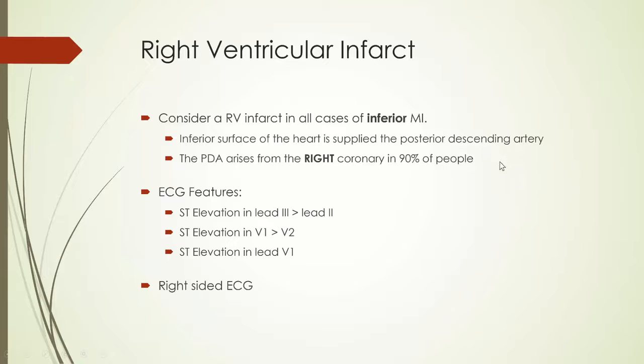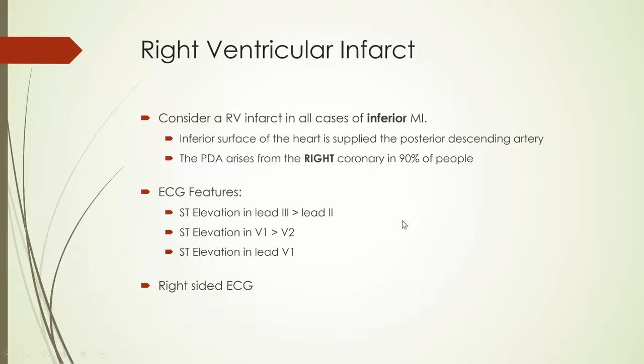So if the posterior descending artery is involved, then you assume the right ventricle could also be involved. After that, you look for those ECG features that we mentioned before: ST elevation in lead 3 greater than lead 2, or in V1 greater than V2, or ST segment elevation in V1.